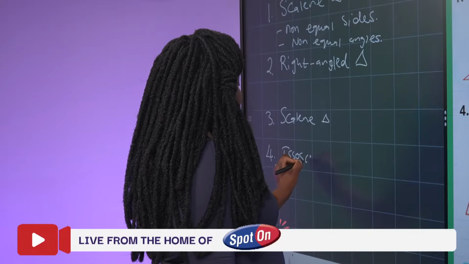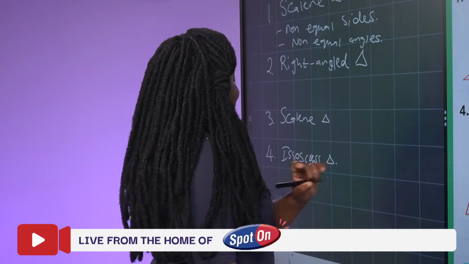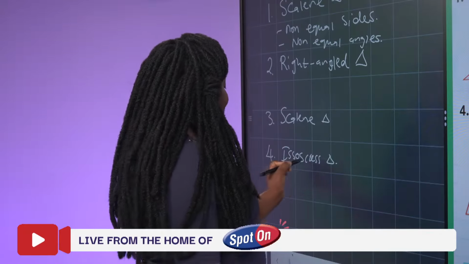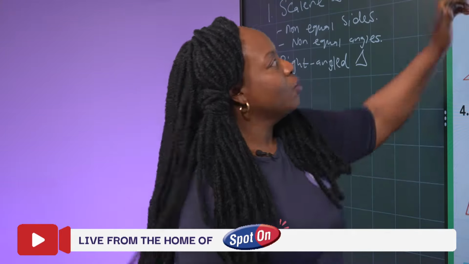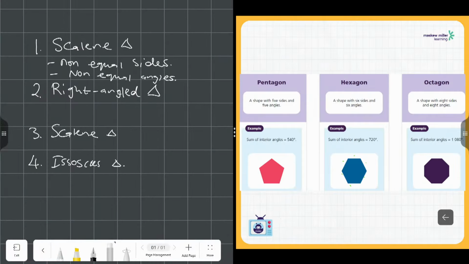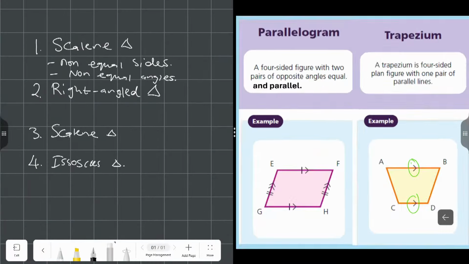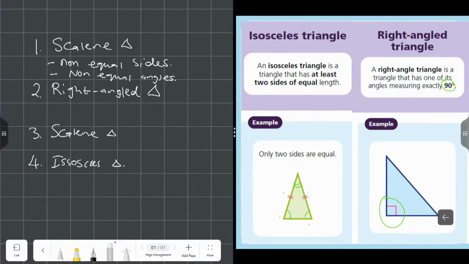Isosceles. That is a spelling, guys, I forgot. Let's go back. We have the name somewhere here, right? There we are. Okay, so that is isosceles with 1 S.